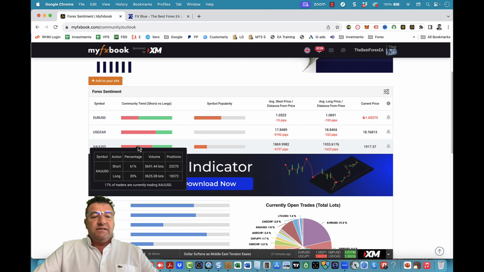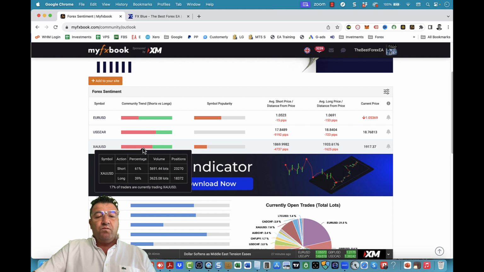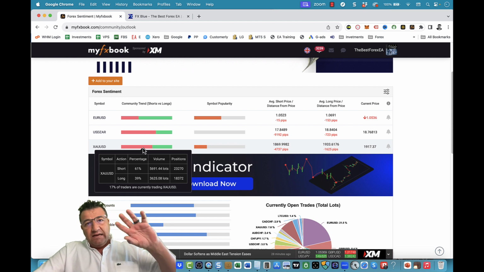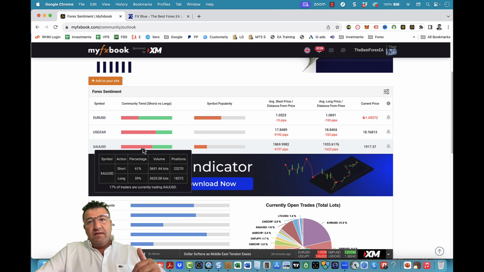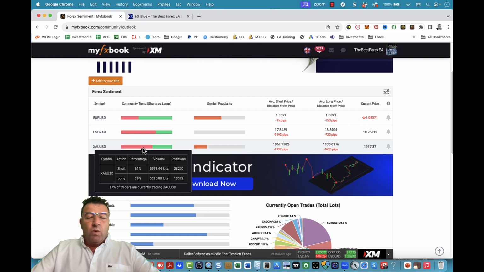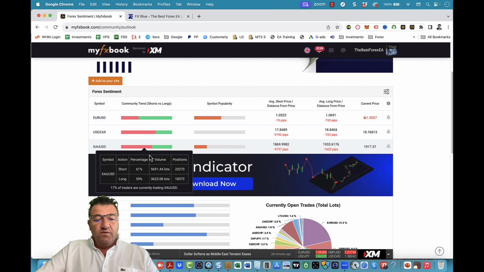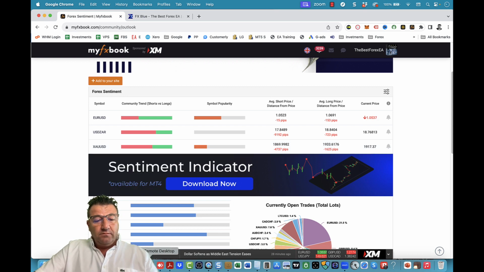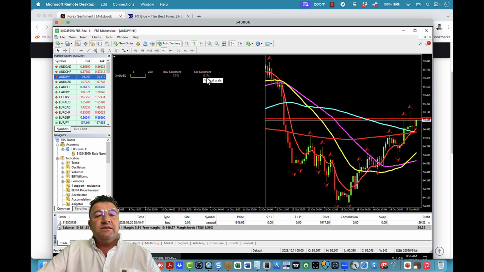What I found is that when the number, whichever position you're looking at, gets to about 80 to 85%, we can expect a reversal, and then the banks normally take a position in the opposite direction, and the price is then reversed. This is why on the 8 exponential moving average indicator, I have put the sentiment over here for you so that you can make better educated decisions.